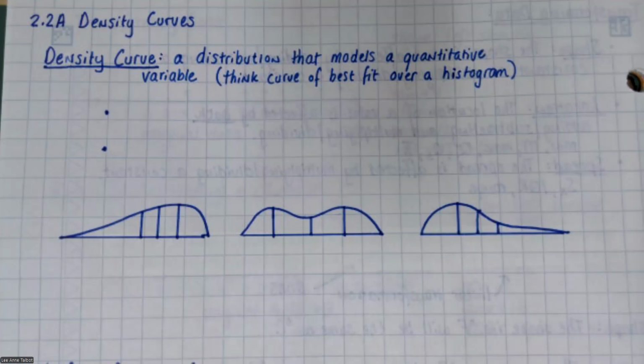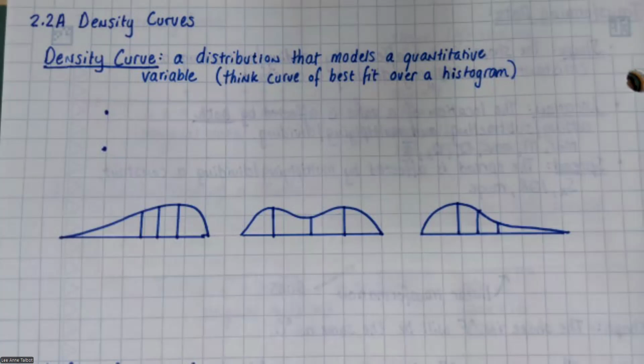Does that make sense? So this one, the tail is going to the left, so it's left skewed. Just pretend there's a left skewed histogram living there. These are mathematical models, just like line of best fit, these are curve of best fit.